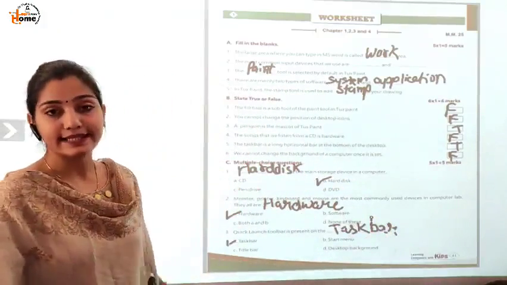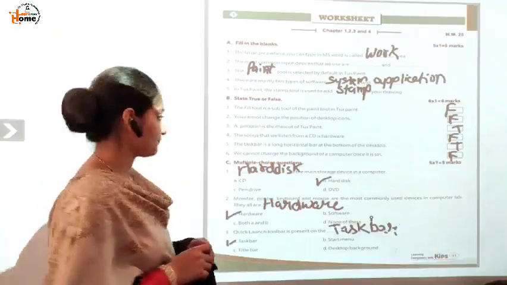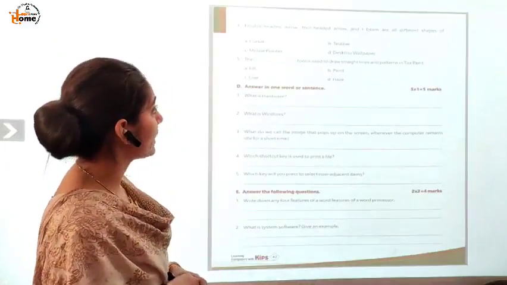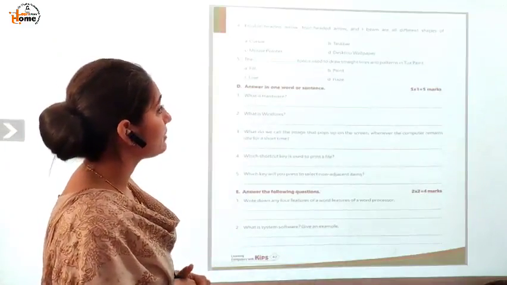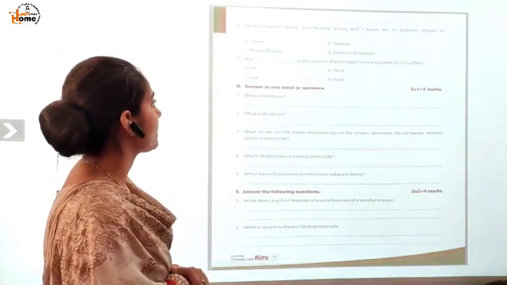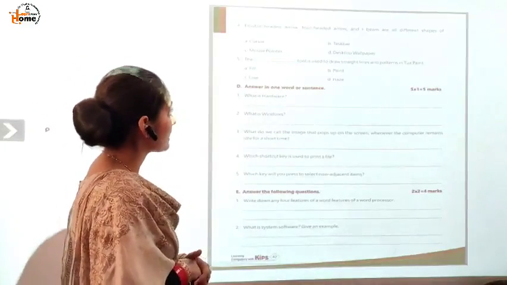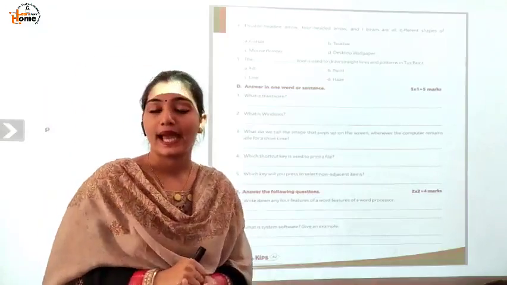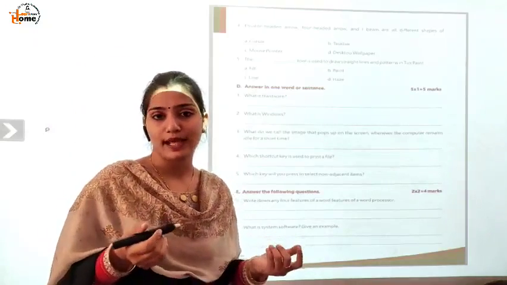Let's move to the next page. Page number 42. First is: a double-headed arrow, a four-headed arrow and an I-beam are all different shapes of the cursor, taskbar, mouse pointer or desktop wallpaper. Have you seen a four-headed arrow sometimes?